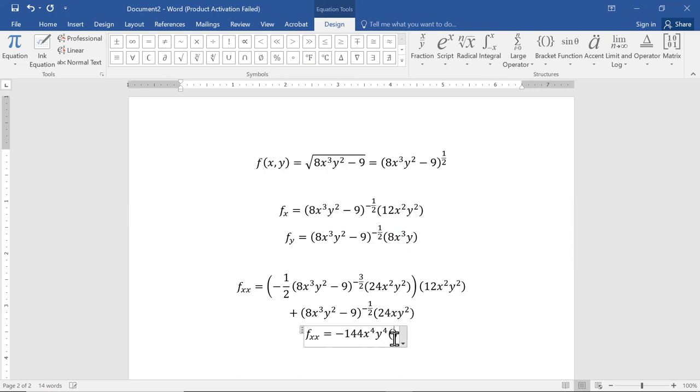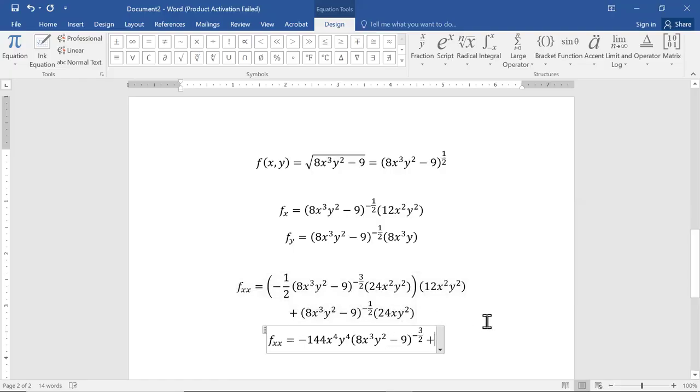All of that is going to be multiplied times 8x to the 3rd y squared minus 9 raised to the negative 3/2 power, or the negative 1.5 power.